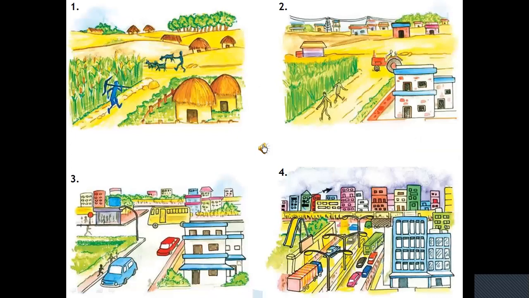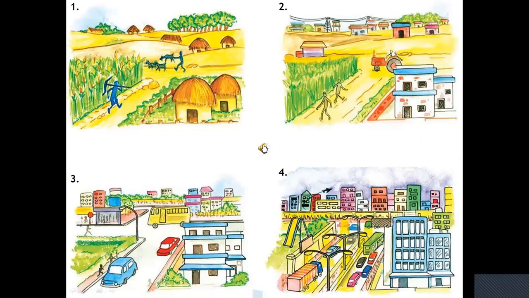Now let us observe these four pictures which are there on your screen. Can you see the very first picture? In this picture, you would be seeing more of the kacha houses, kacha roads, and most of the land is under agriculture. Whereas in the second picture, you can see minor changes in the land use pattern.